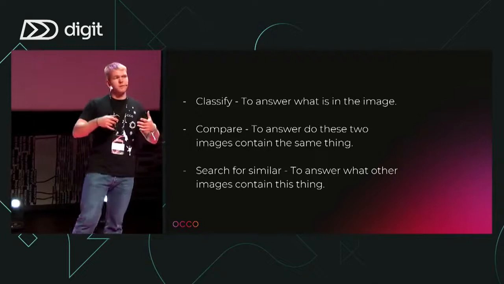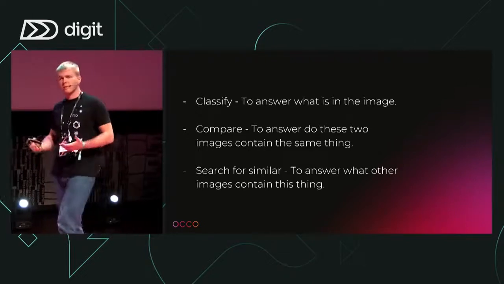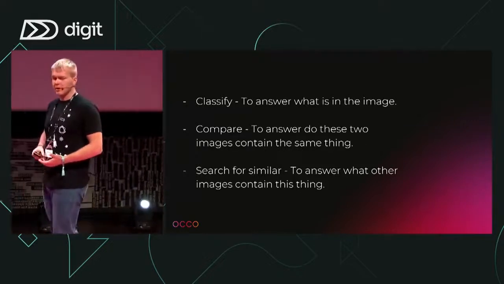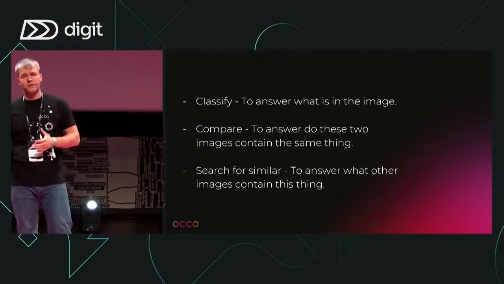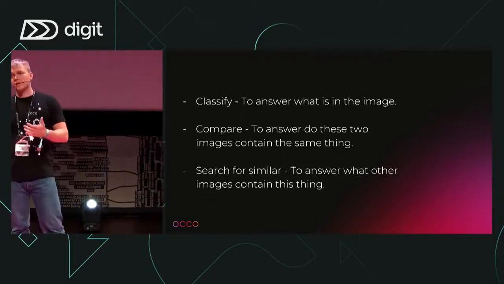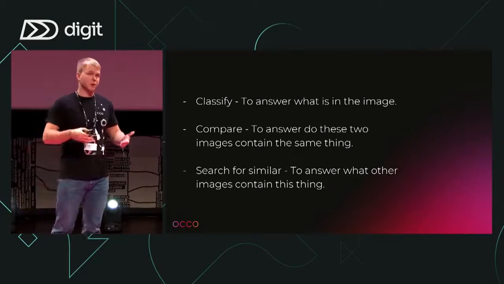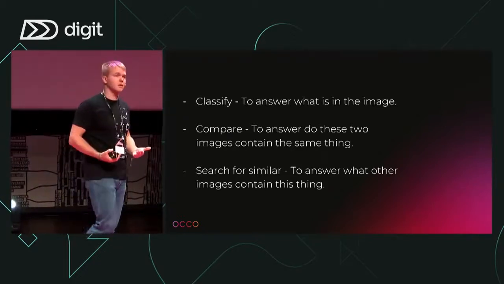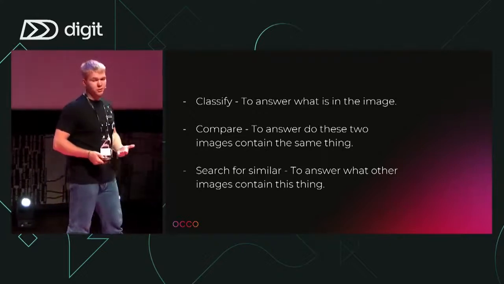So if we have a search functionality in our product, we want to find all similar things that have similar embeddings. And by the way, this is not just for images. You can use the same methodology for text as well. So you can turn a sentence into an embedding, or even a whole document, and then you can find the closest similarity and use it as a way to search.